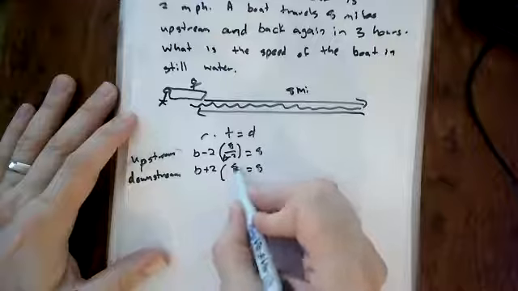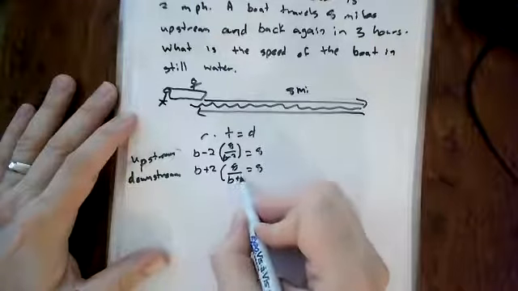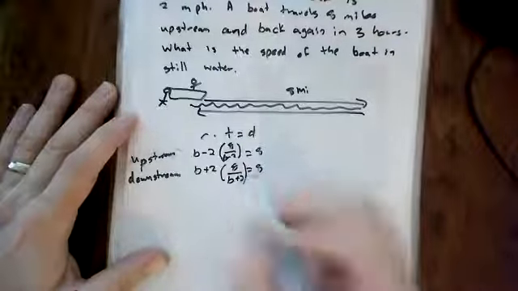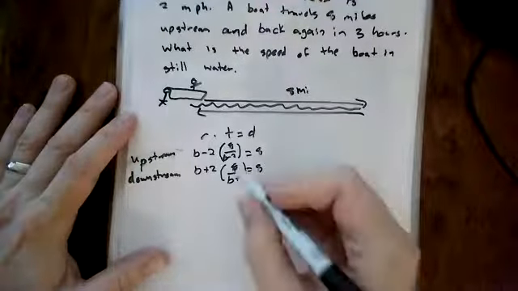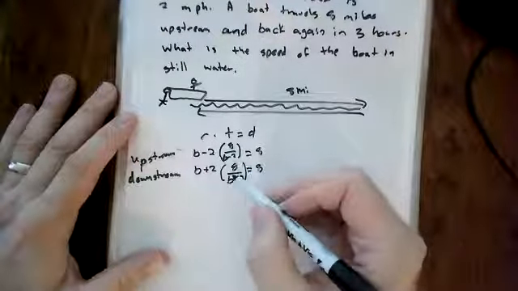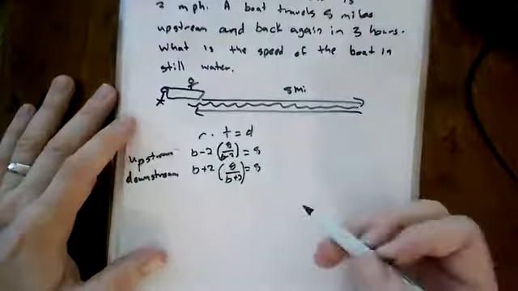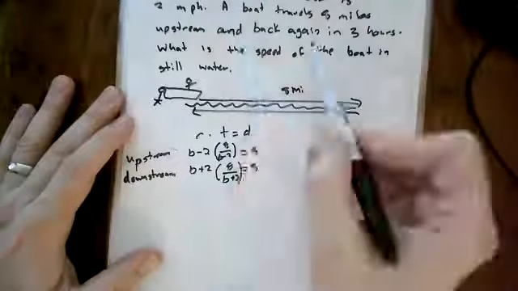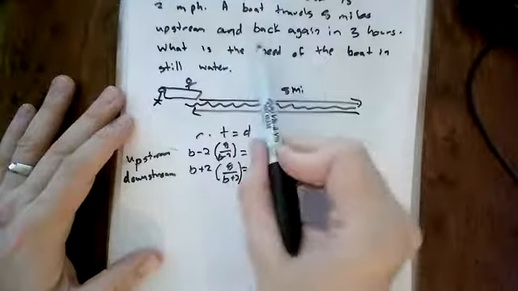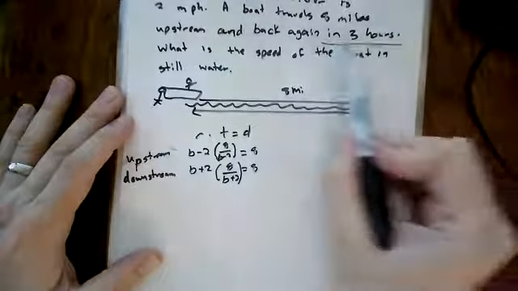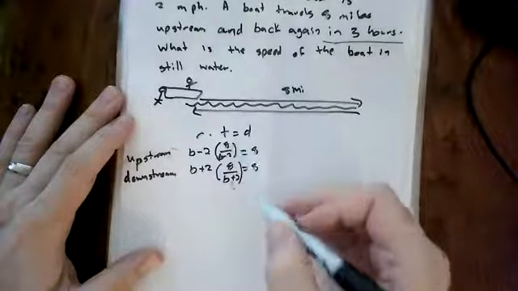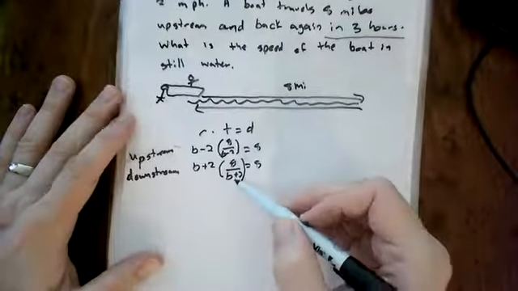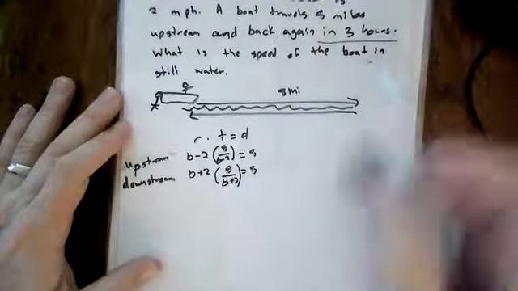Then I'll have 8 over b plus 2. Now we have to say it goes there and back again in 3 hours. So if I were to add together these two times, my sum should be equal to 3.